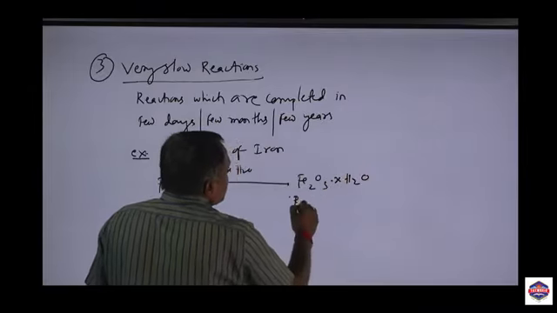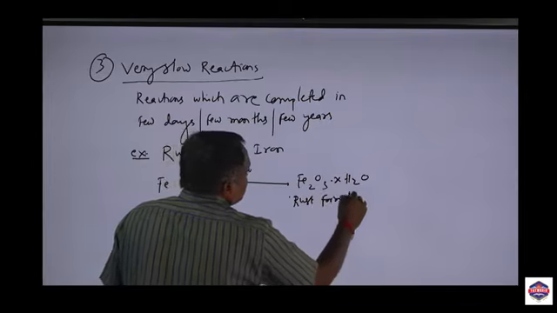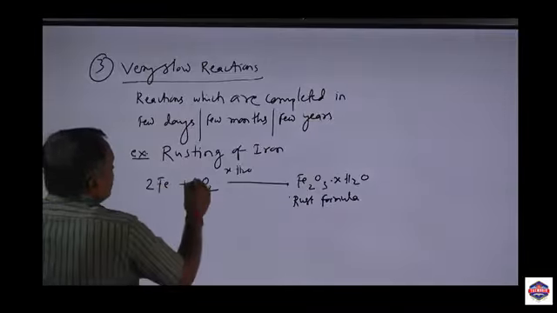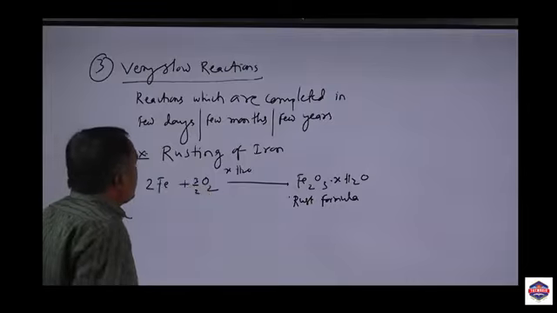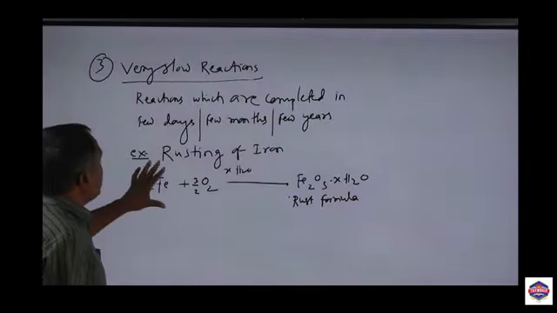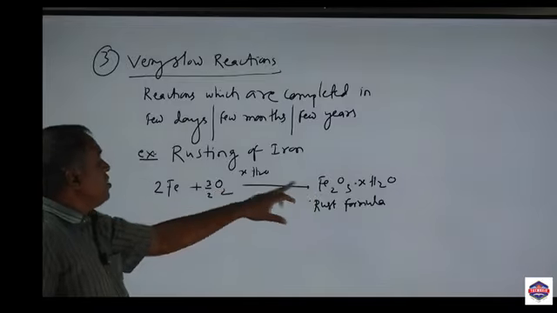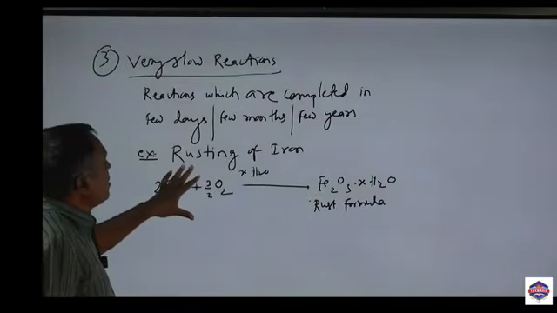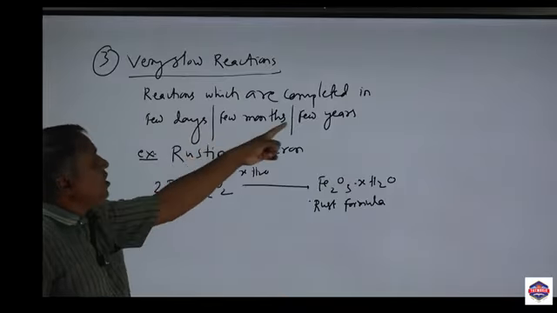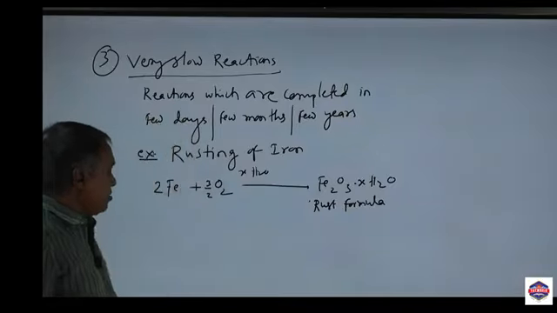This is the rust. The rust formula is like this: 2 moles iron, 3/2 O2 oxygen and X moles water. So when iron is exposed to air and moisture, you get rust. For this rusting of iron we require some days or some months or some years. That's why it is a very slow reaction.